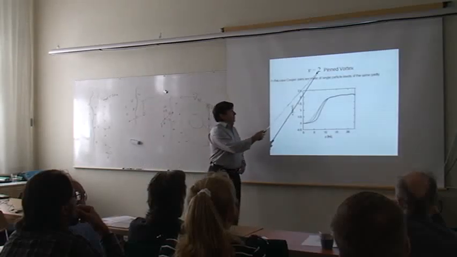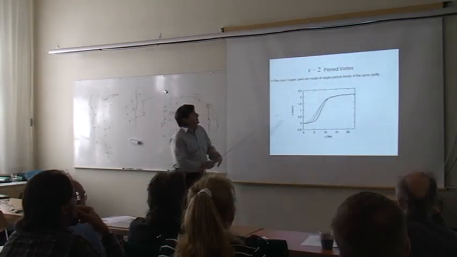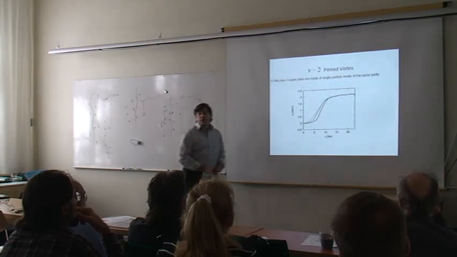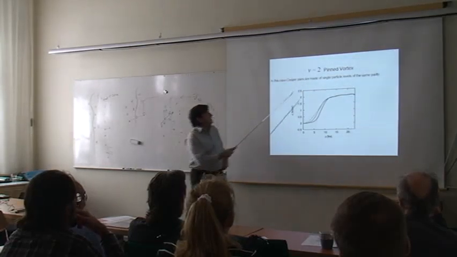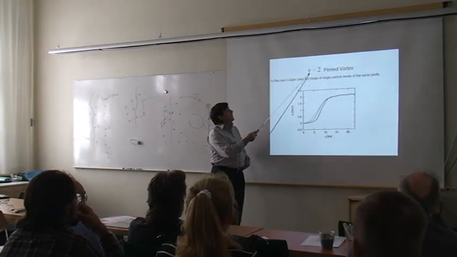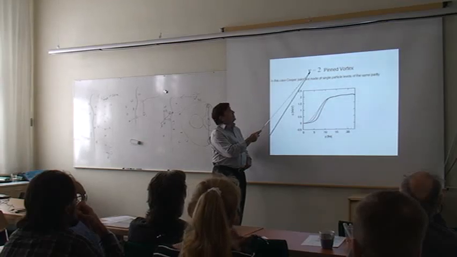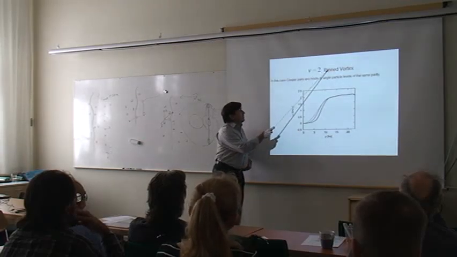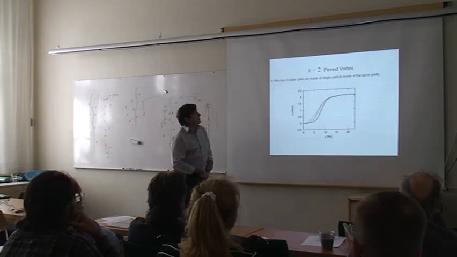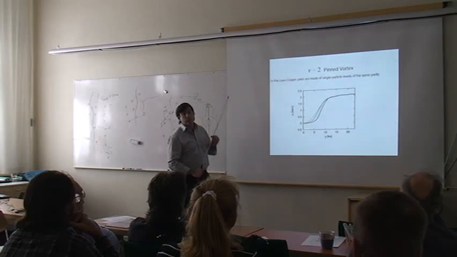Just as a matter of check, this is what happens when we place mu equal to 2. Remember that the parity is (-1) to the power mu. So if we calculate a mu equal to 2 vortex, in this case the parity of the Cooper pairs must be positive.